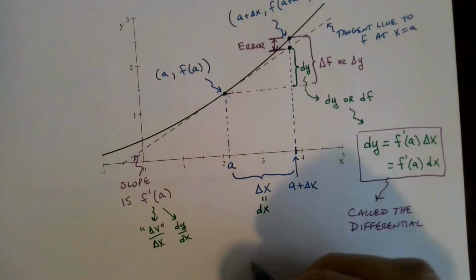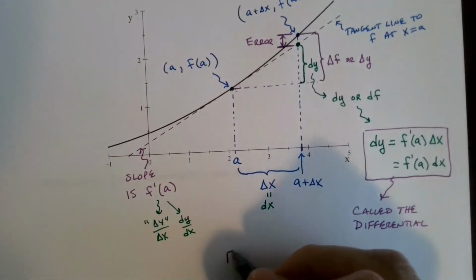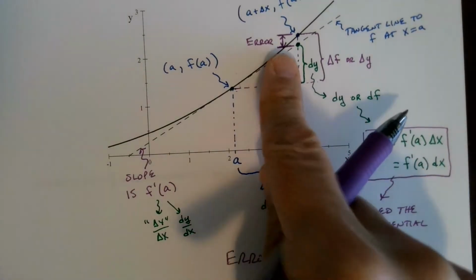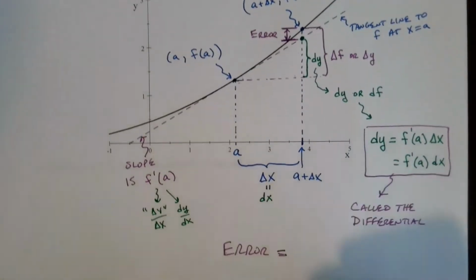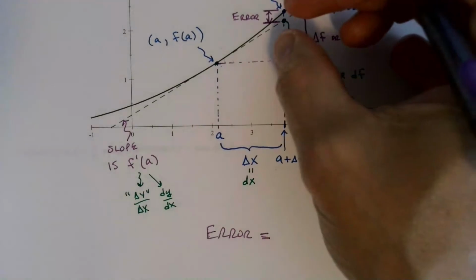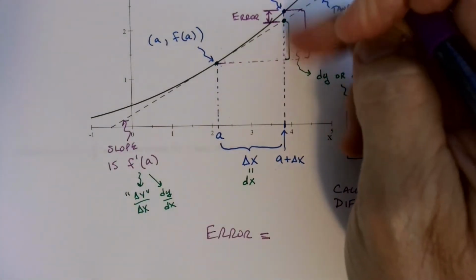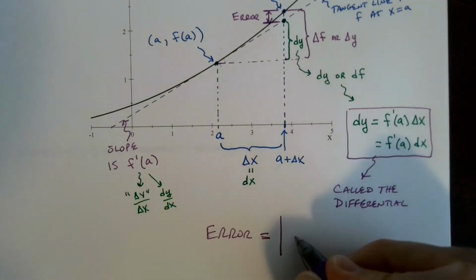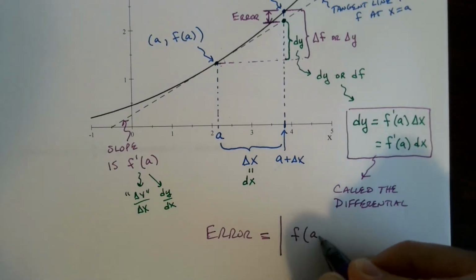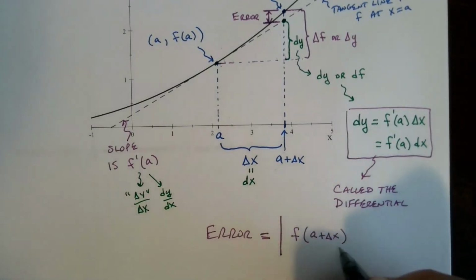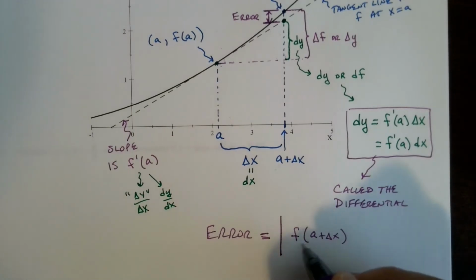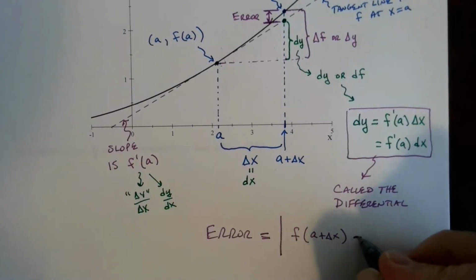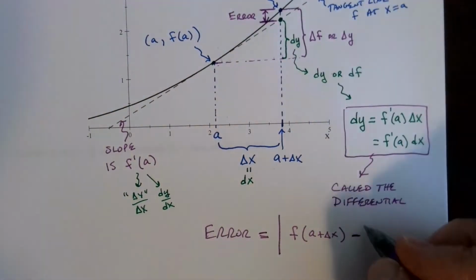And this error, I can compute this error that I had up here. What is this error equal to? When I'm interested in this error, I'm only interested in the actual distance. I don't care if it's negative or positive, so the way I subtract doesn't matter. So I would like to take the absolute value of the actual change in the function, minus the value of dy.